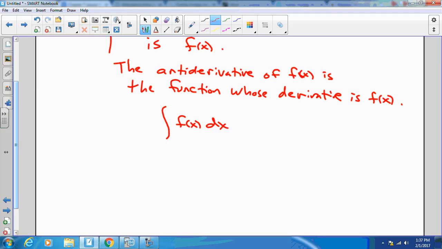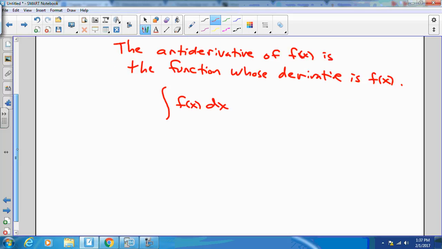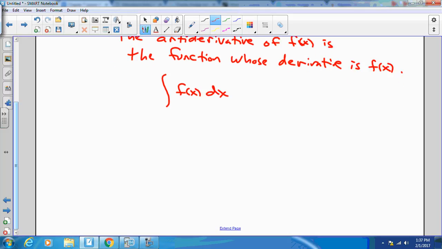So this is going to be the notation that we are going to use for the antiderivative of f. Sometimes that's pronounced an integral sign, so you might hear that referred to as an indefinite integral, but we're just going to call it antiderivative. And this is the function whose derivative is f.